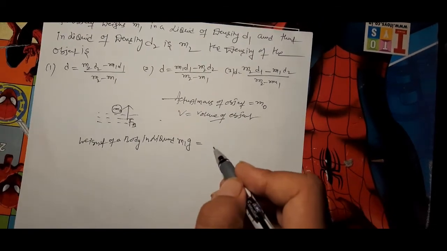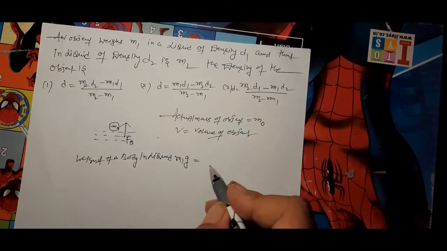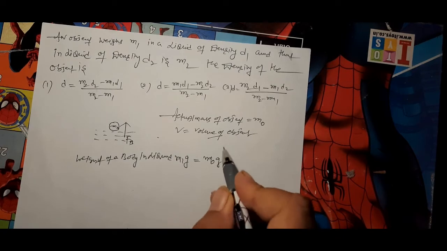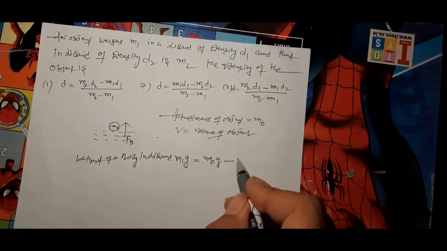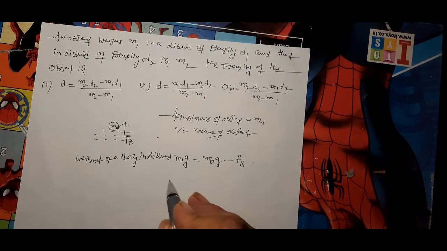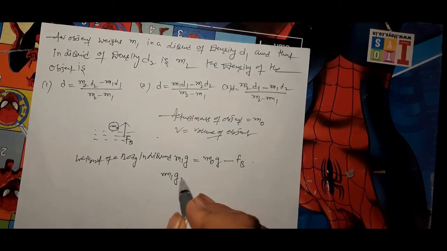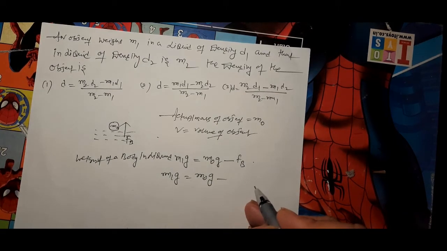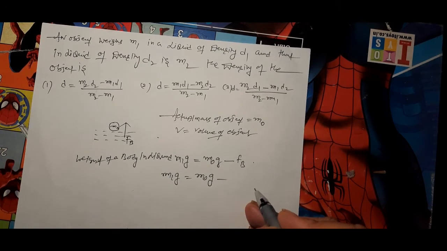The real weight is m0 into g downward, minus the buoyancy force. So here m1g is equal to m0g minus the buoyancy force.